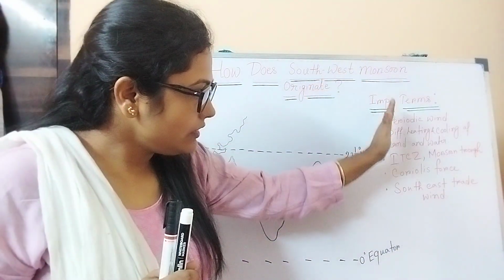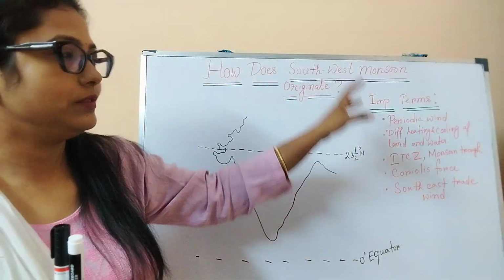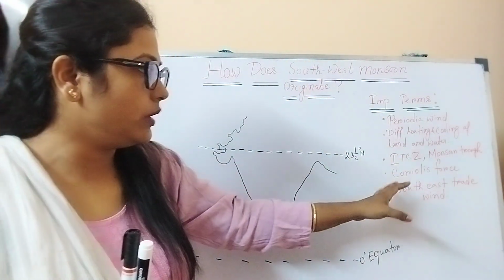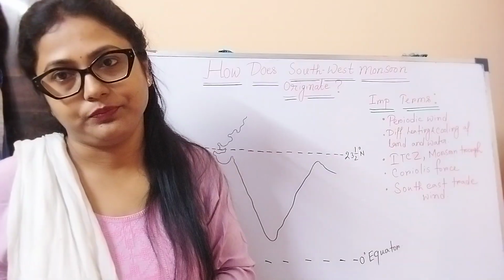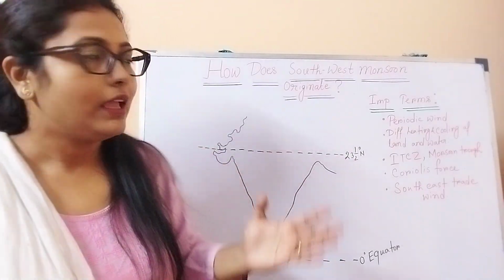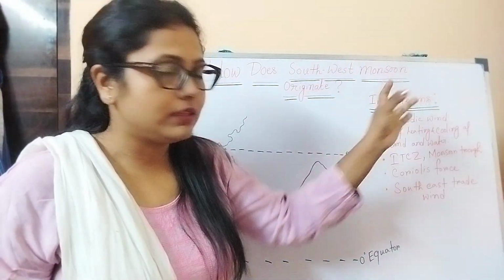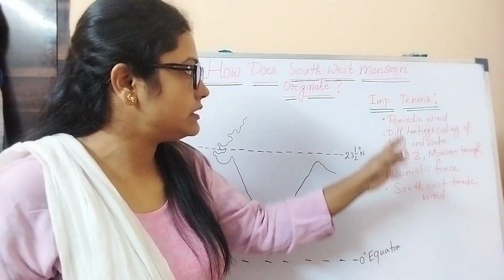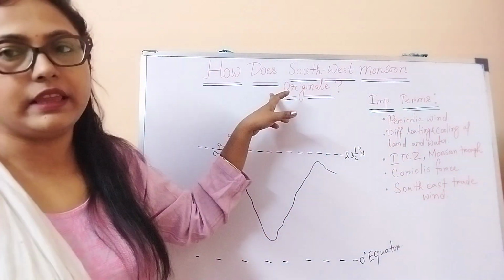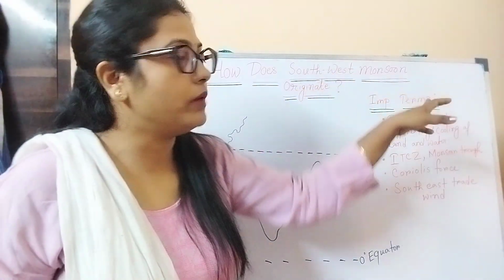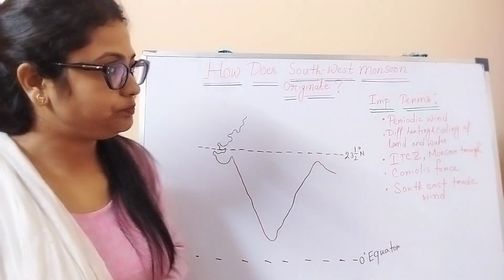In class 9 you already gathered knowledge regarding these terms. This is just to recall them, and they are necessary to understand carefully how the southwest monsoon originated.